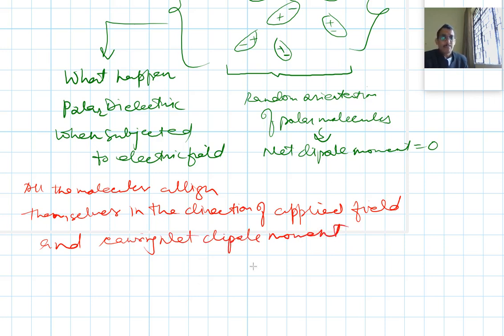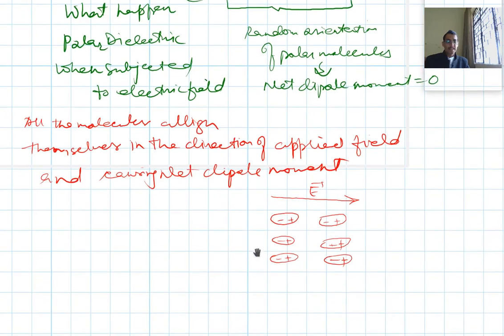So when an electric field is applied to the given sample in this direction, all the molecules align themselves in a particular fashion. Due to this, a net dipole moment will be there.